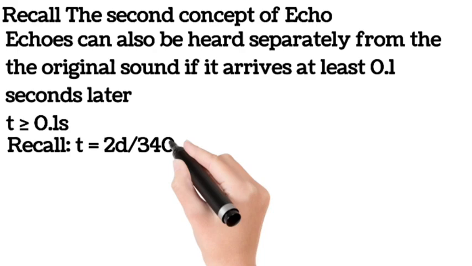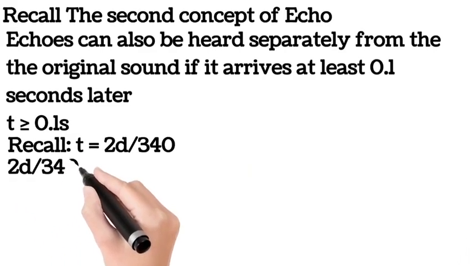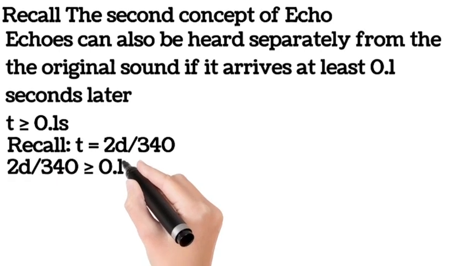No longer 2d over v, but 2d over 340. So since we know that the value for t is 2d over 340, we bring it back to the relationship we just expressed, which is t should be greater than or equal to 0.1 seconds. So 2d over 340 should be greater than or equal to 0.1.